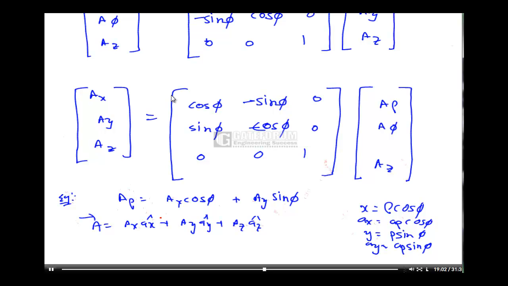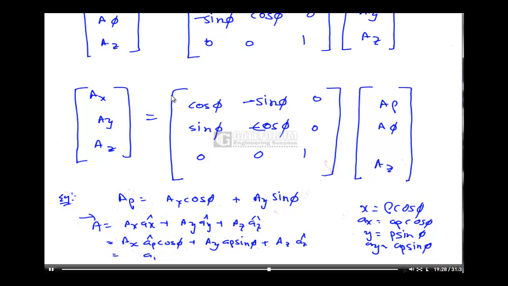So substitute these values here. This is equal to ax, unit vector ax, which is nothing but a rho cos phi, plus ay, unit vector ay, which is a rho sin phi, plus az az cap.